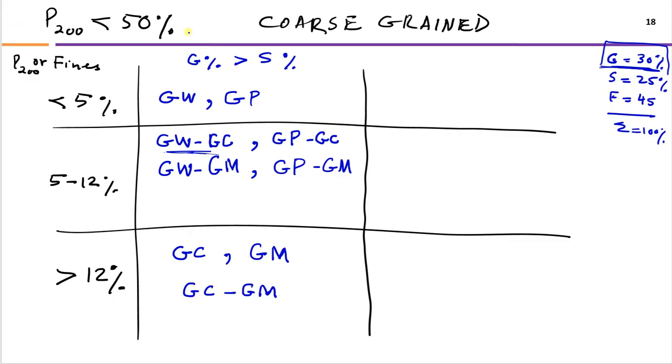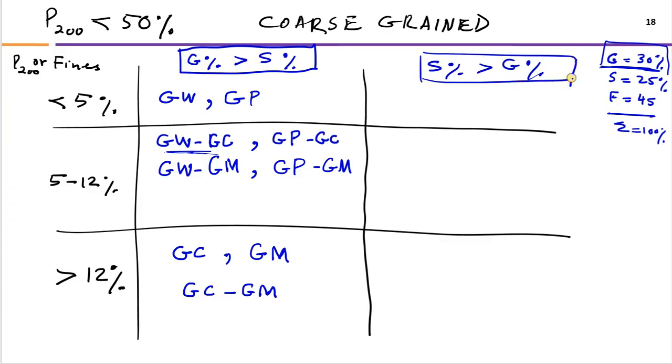Okay, same way, if sand is more than gravel, it is the same way, but the letter now is going to be S. It is either SW or SP. Well graded sand, poorly graded sand. Okay, and here it is going to be called SC. It's sand with some clay, or it is going to be SM, sands with silt. It is also called silty sand.